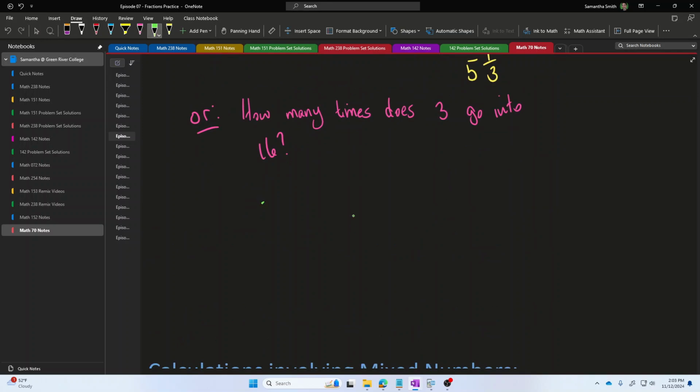Well, if I have 1, 2, 3, 4, 5, 6, 7, 8, 9, 10, 11, 12, 13, 14, 15, 16 units, I can see that 3 goes into 16 1, 2, 3, 4, 5 times evenly, with 1 left over.